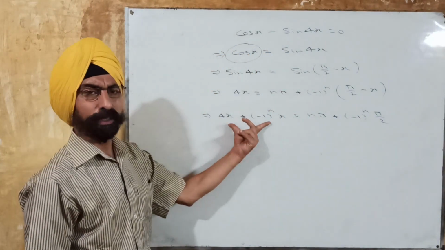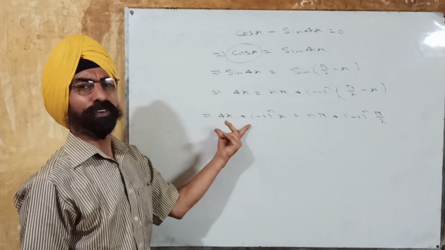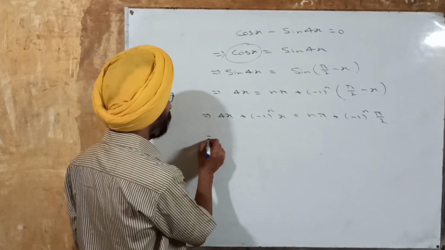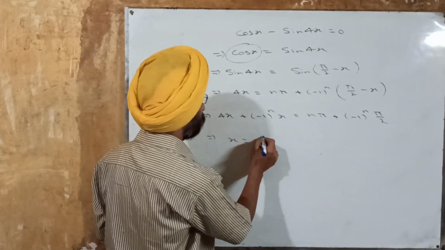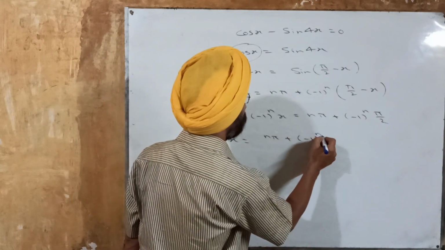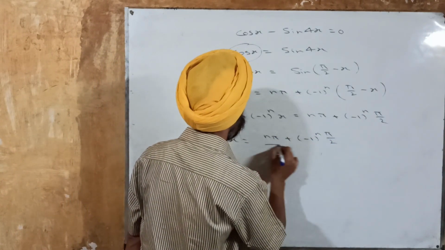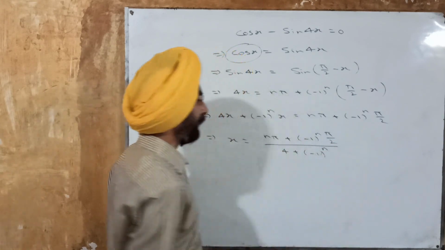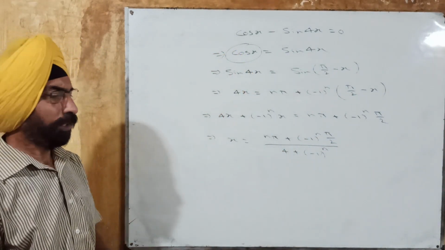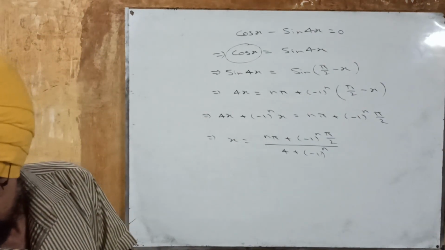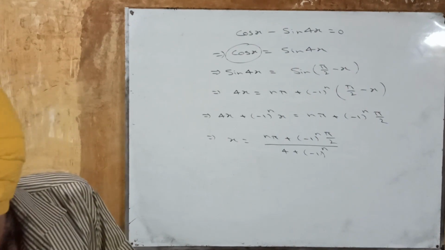Take x common from here, and whatever will be the coefficient of x, we will take to the denominator on the right hand side to get the solution as x is equal to n pi plus minus 1 raised to the power n pi by 2 divided by 4 plus minus 1 raised to the power n, and this will be the general solution of this trigonometric equation. Now I'm going to take some more questions.